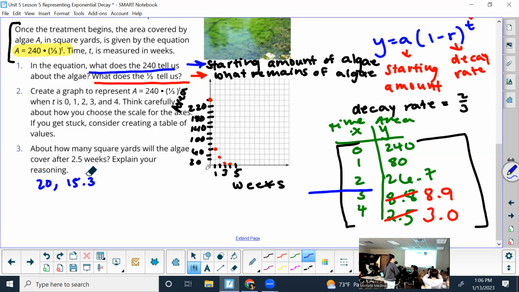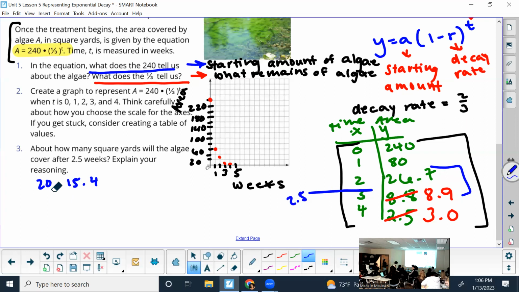15.4 yards. Okay. So you could plug in the 2.5 and get an exact answer, but it said about, and the book says answers may vary. So they were just going off of the chart. So you see how 2.5 would fall between here on the x's? Well, then it would be somewhere between these two answers.